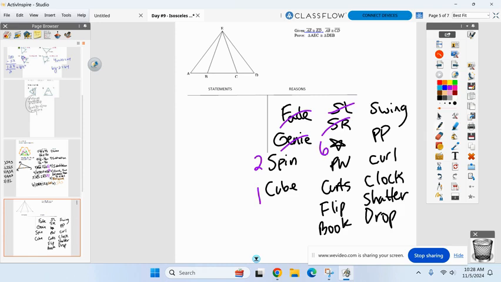Pinwheels. 2, 3, 4 pinwheels. Curtains. Flips. Book. Swing. Curl. Clocks. Shatter. Drop. The other one was wipe, where it looks like slide left and slide right, but it just wipes out everything. All right, so what do we got?